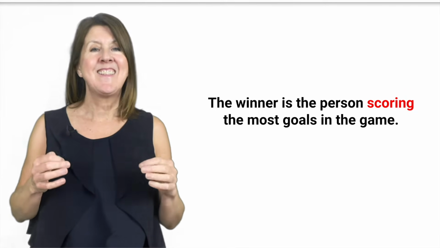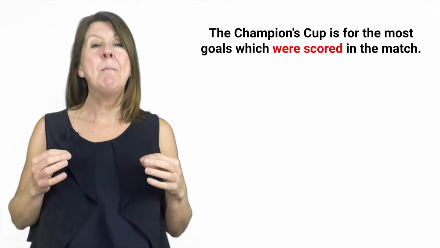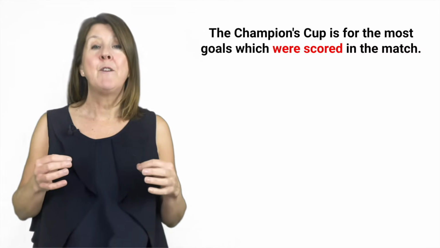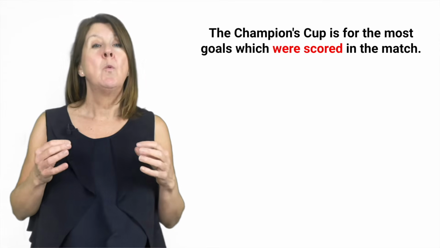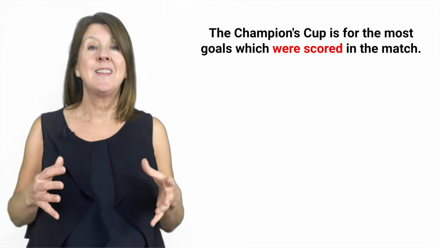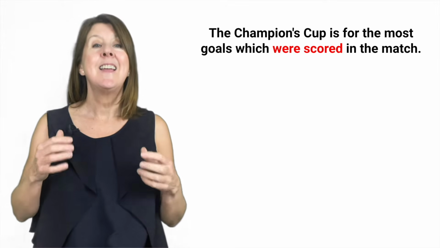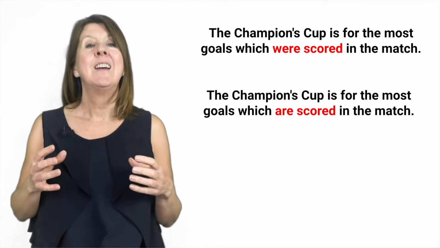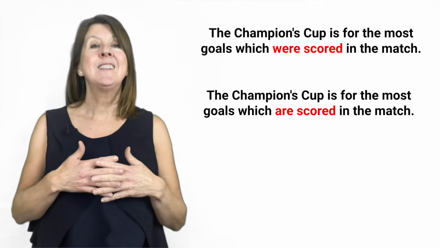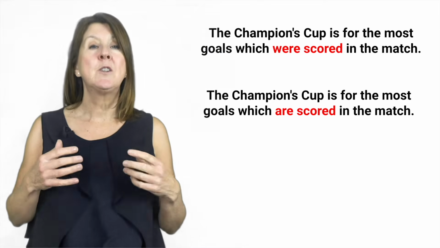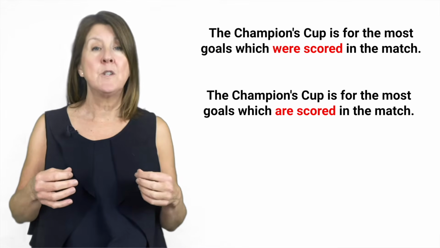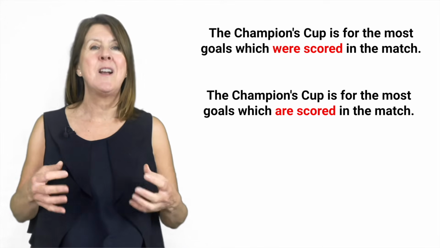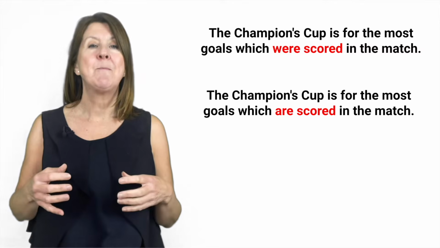Okay, here's another example. The Champions Cup is for the most goals which were scored, here this refers to the past, in the match. Or, the Champions Cup is for the most goals which are scored, here this refers to the present, in the match.